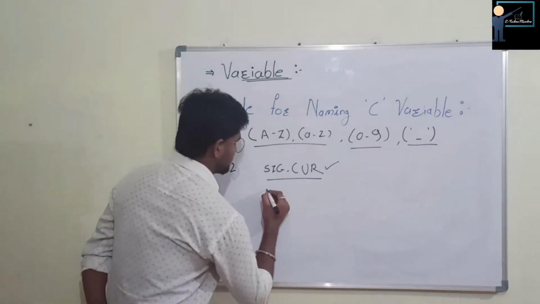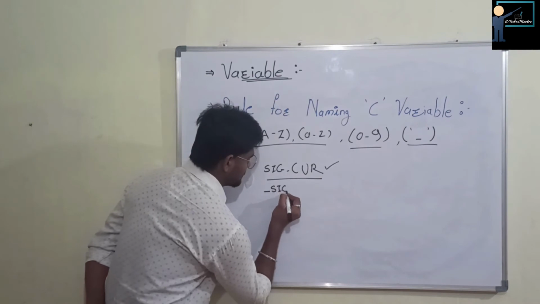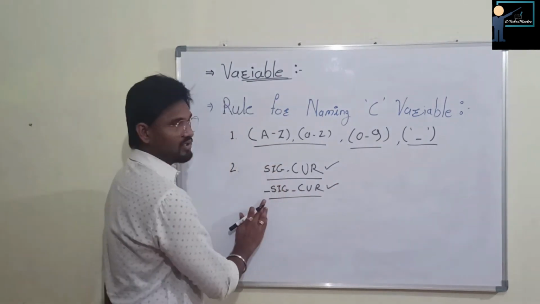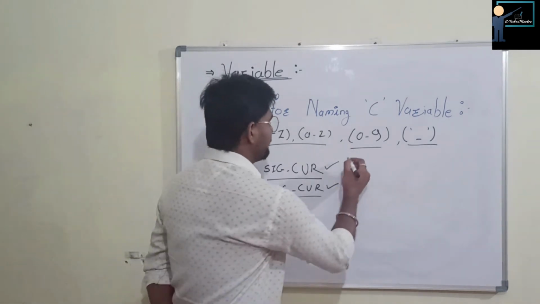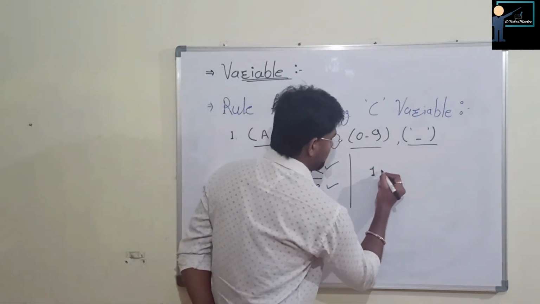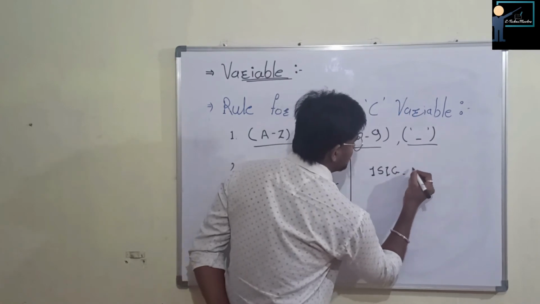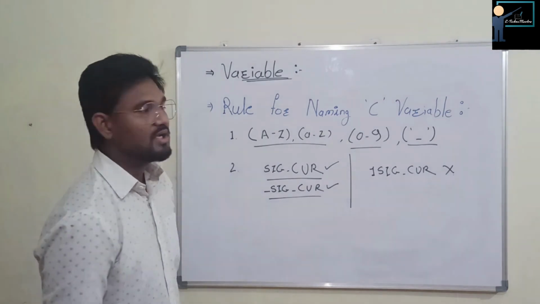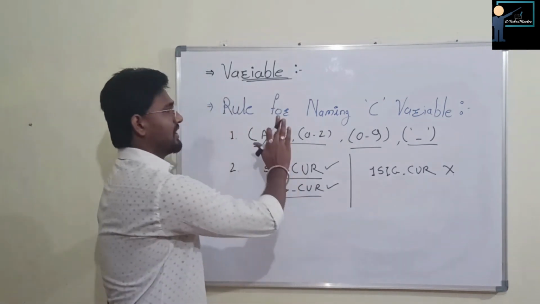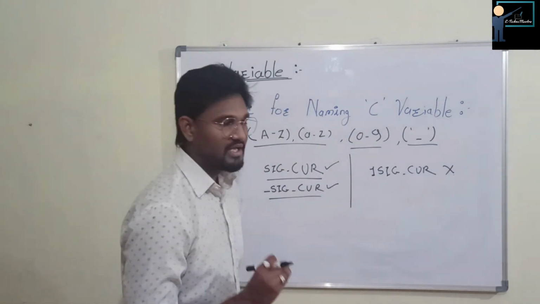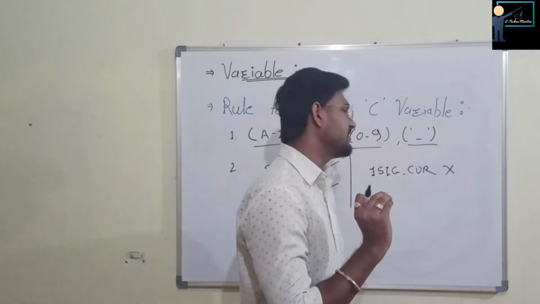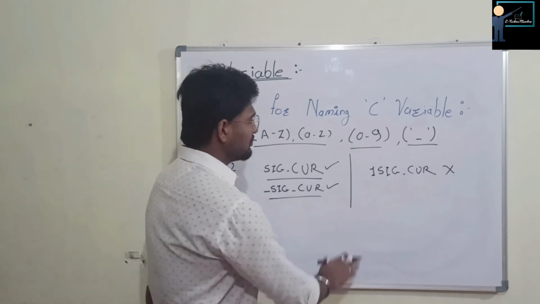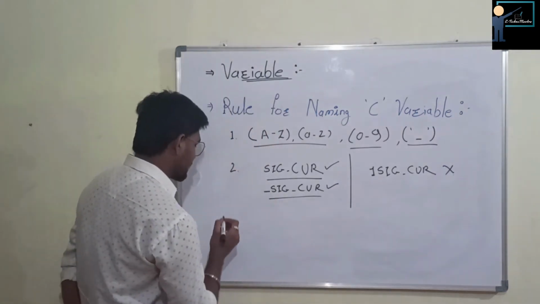Also if the name starts with an underscore, like underscore signal underscore CUR, this is also acceptable. But if you write a name starting with a number, like 1 underscore signal underscore CUR, then this name is not acceptable. This is wrong. So whenever you name any C variable, the variable name must start with an alphabet or underscore. Don't use a number. That is the second rule.